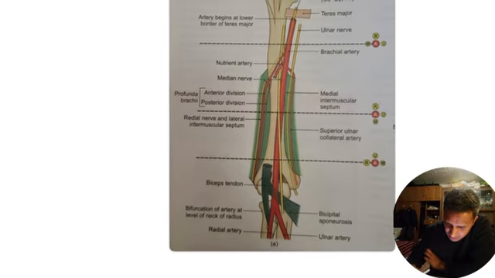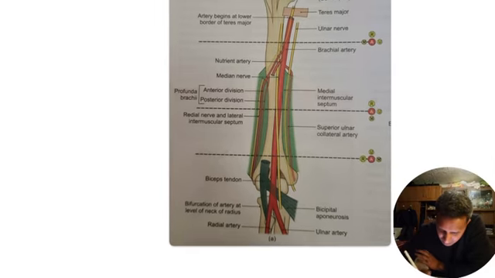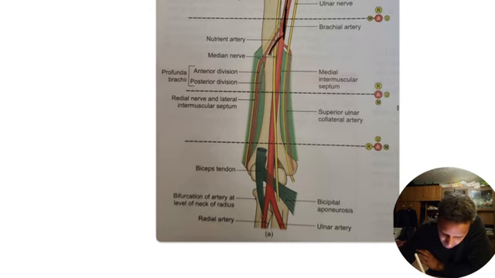So now let's understand this in this picture. This is your brachial artery, which is a continuation of your axillary artery. It is giving a nutrient branch to the humerus. That's the first thing. The second thing is your profunda brachii, which is dividing into your anterior and posterior division, right?